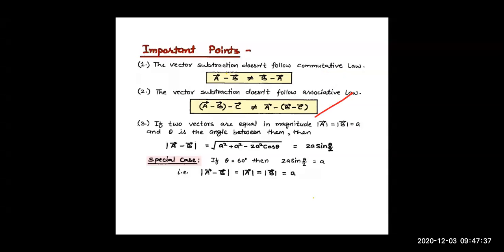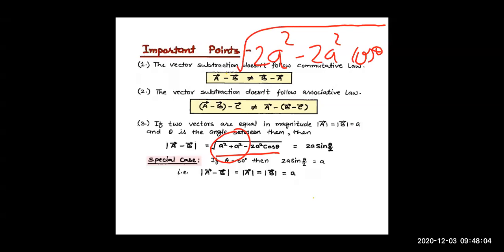Right, children? And here is one important case: if you have two vectors whose magnitudes are equal, then let me tell you how this comes. If you solve this, we get the square root of 2a square minus 2a square cos theta.